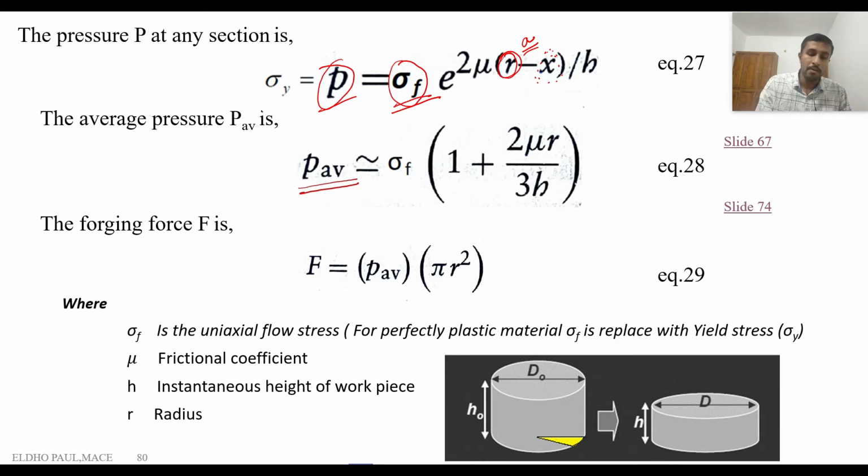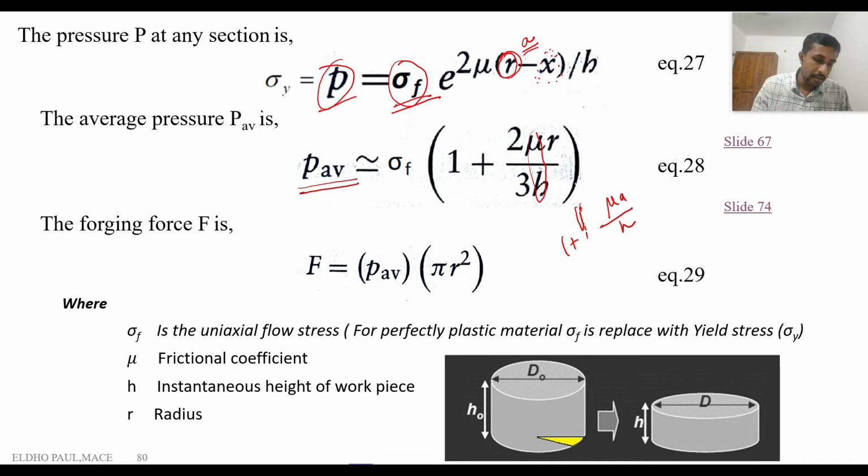In the previous rectangular workpiece it was 1 plus mu a by h, but here, instead of a, we use 2r by 3. So that is a difference.